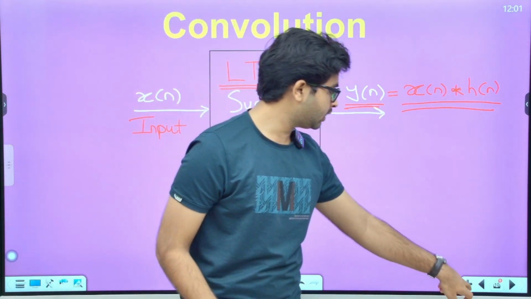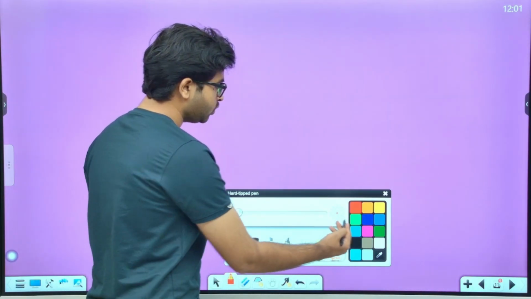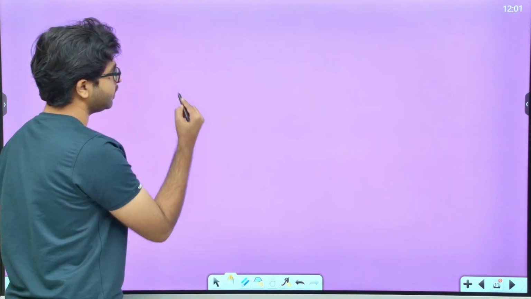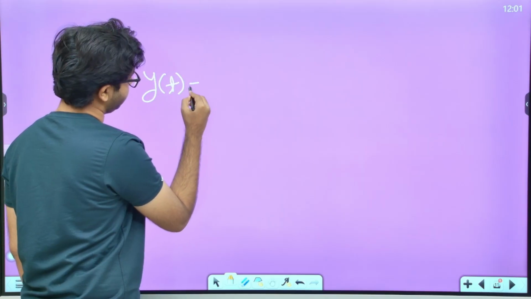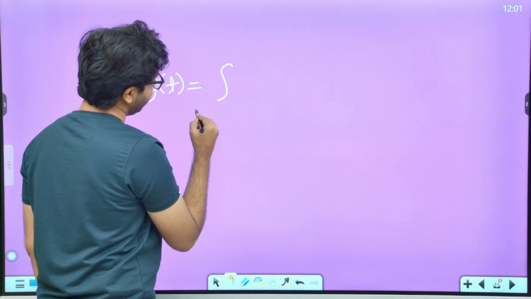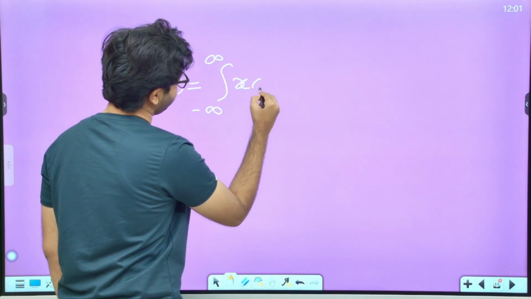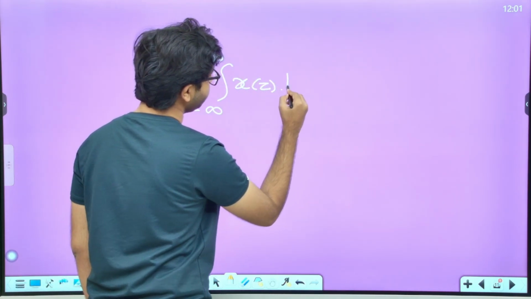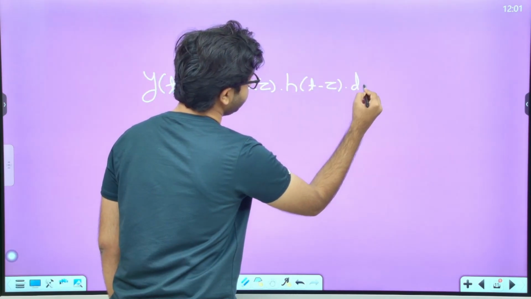So let's see what is the formula of convolution, because y of n we need to calculate mathematically. There are basically two formulas. One is the continuous time domain formula. Y of t is equal to the integral from minus infinity to infinity of x of tau h of t minus tau d tau.